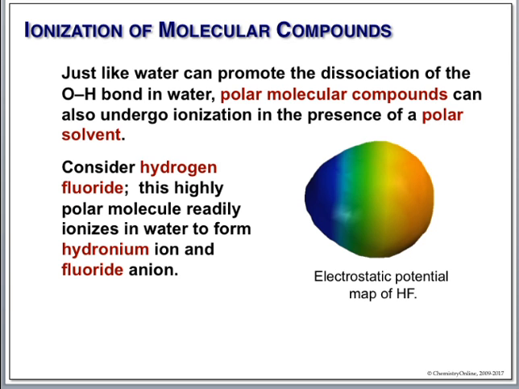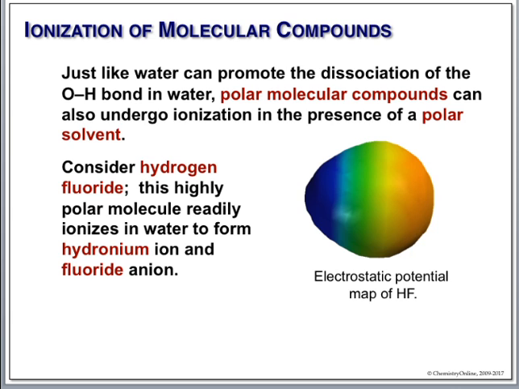We looked at hydrogen fluoride, HF, in Chapter 6. We said that because of the difference in electronegativity, fluorine is the most electronegative atom. It sucks the electrons towards itself, leaving the poor hydrogen down here very electron deficient.